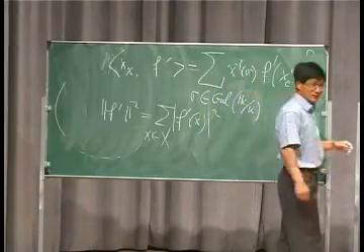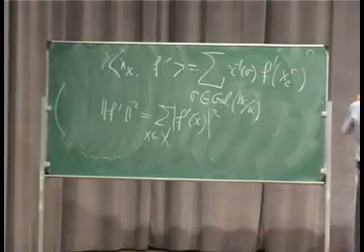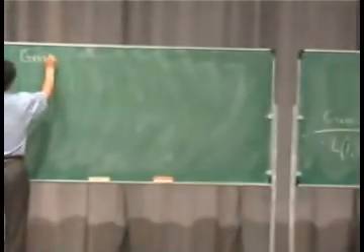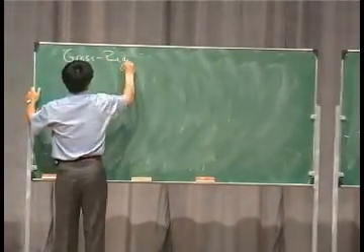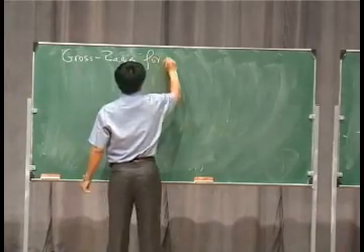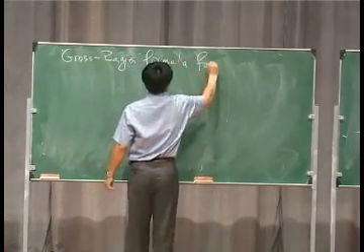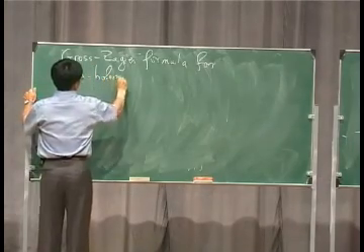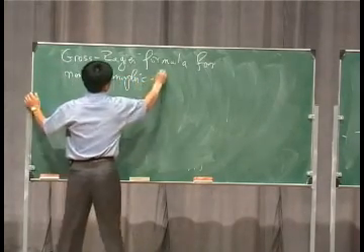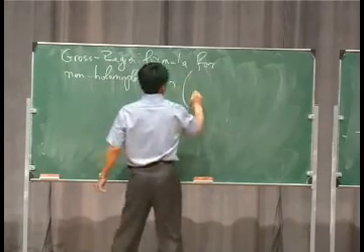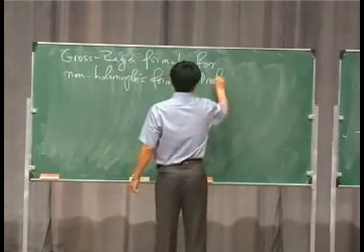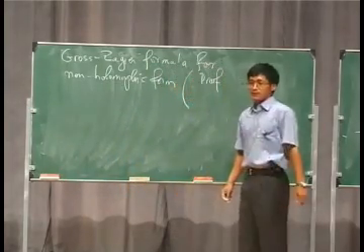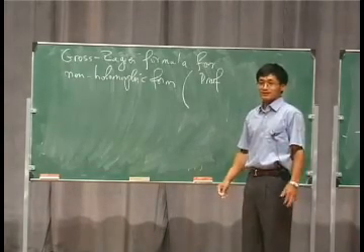So I will say a little bit about the Gross-Zagier formula for non-holomorphic forms. Basically, it's important for the proof. Even though I prove something holomorphic, I need a non-holomorphic thing because of the following.